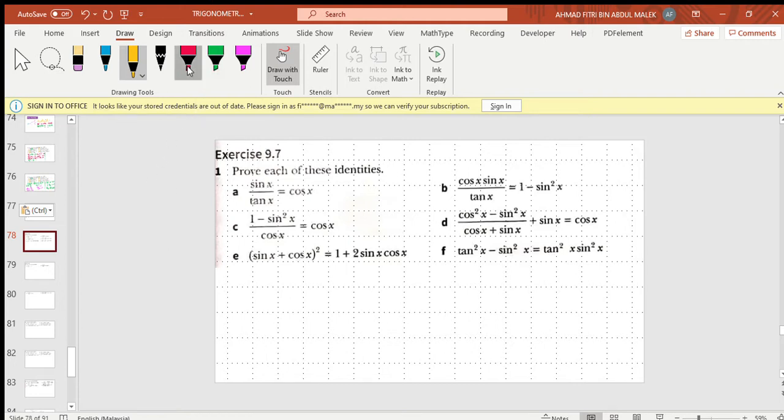Today I would like to recall. We already have solved the trigonometry equations.